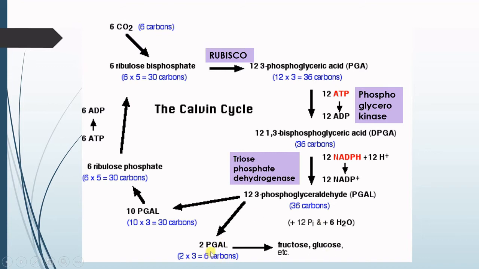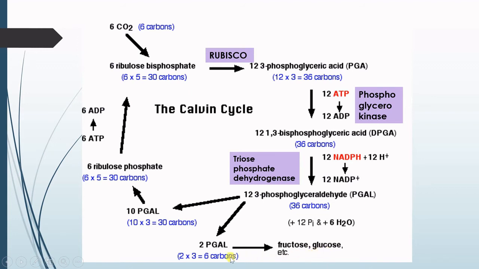Actually, what is happening is that one molecule of PGAL out of this is forming the isomeric form of PGAL, that is DHAP, dihydroxyacetone phosphate. So this PGAL and DHAP combine to form fructose 1,6-bisphosphate first, then it is converted to fructose 6-phosphate, which is then converted to glucose 6-phosphate and then to glucose.